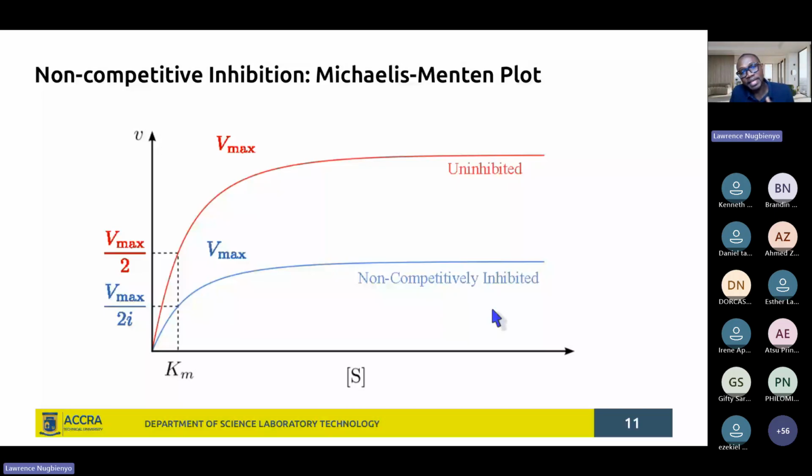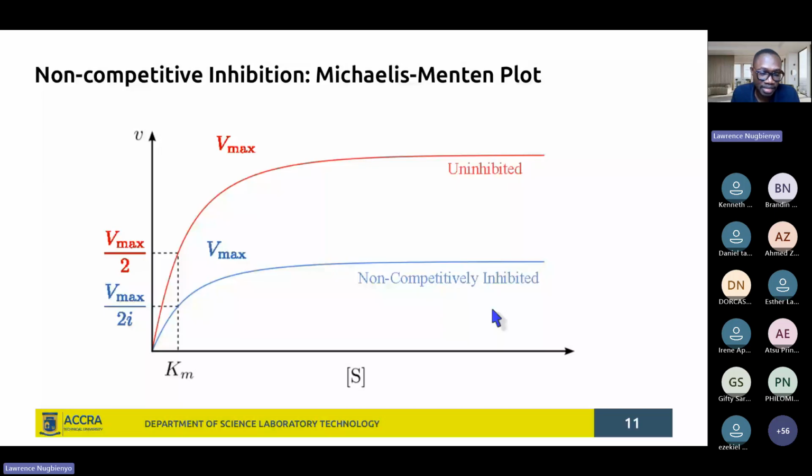Now, by the Michaelis-Menten plot, you can also represent this. The red line is representing the uninhibited reaction, and the blue curve is representing the non-competitively inhibited reaction.